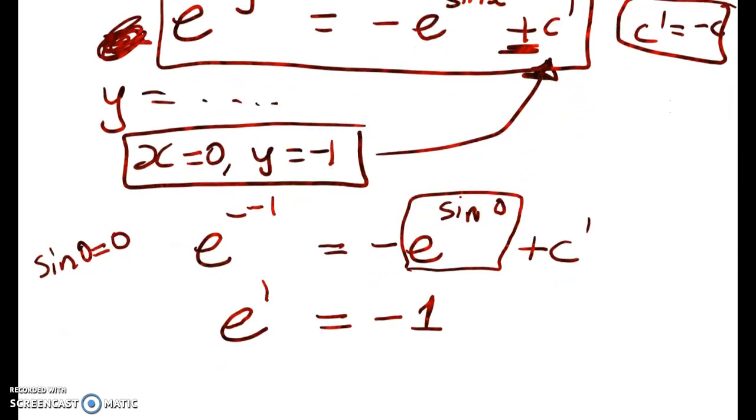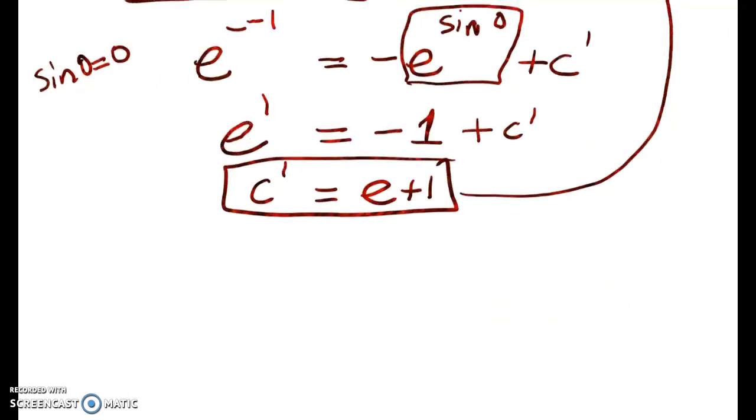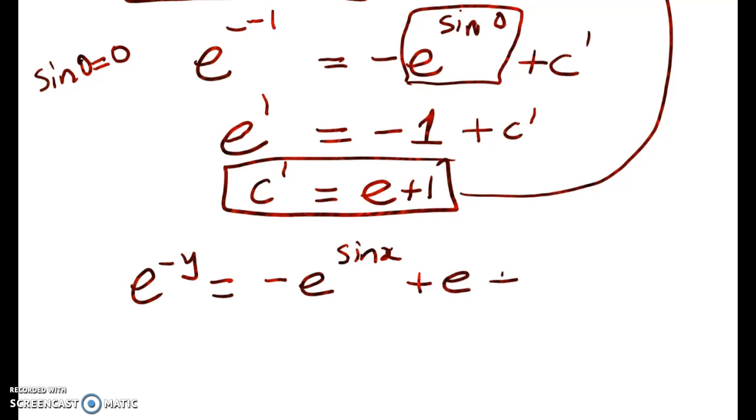So negative 1 plus c dash. So c dash is equal to e plus 1. Okay, so we've done most of the integration part. I'm going to write that back out nicely now. So we have e to the negative y is equal to negative e to the sine x plus e plus 1.